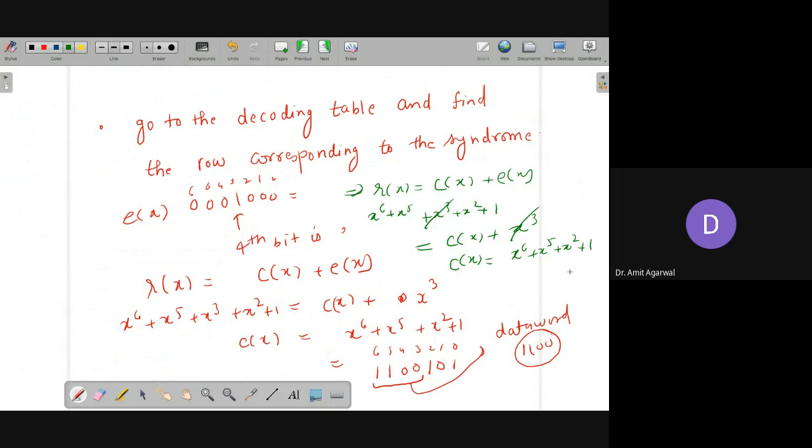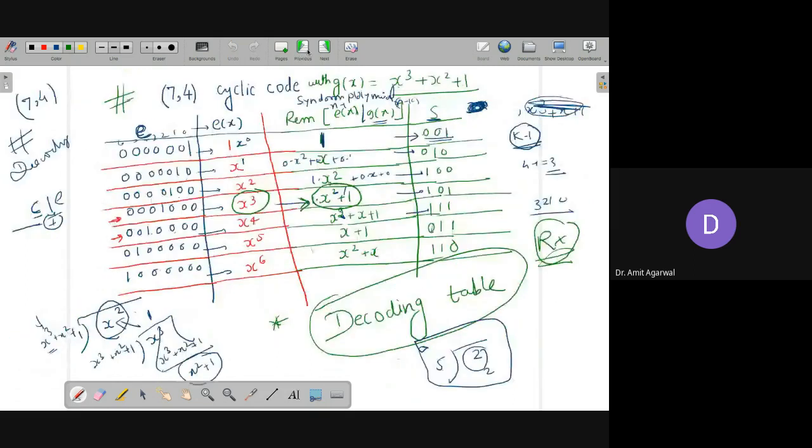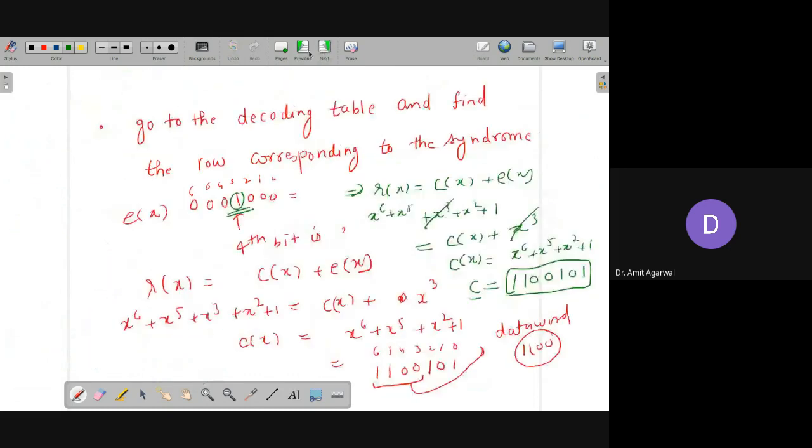You can write this in vector form, and this was your code word. The fourth bit is in error, because you have seen that E(x) is x cube and the corresponding error vector is this. So now you have your code word, that is 1100101.